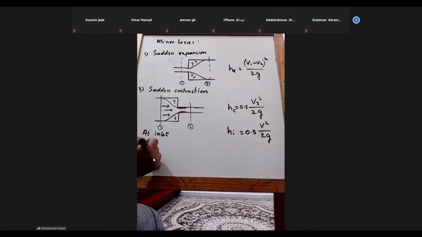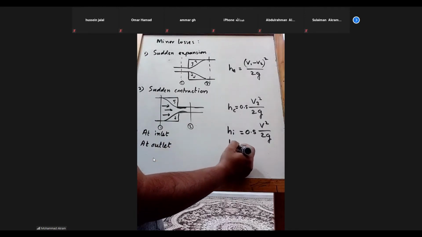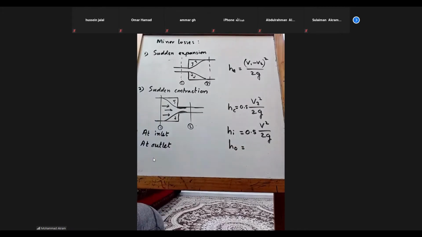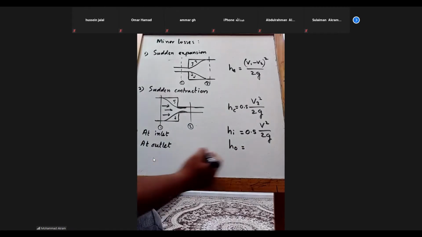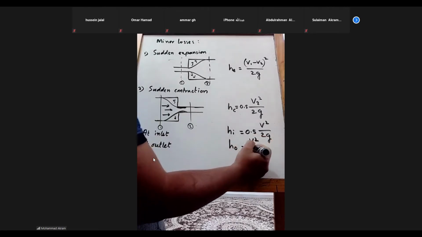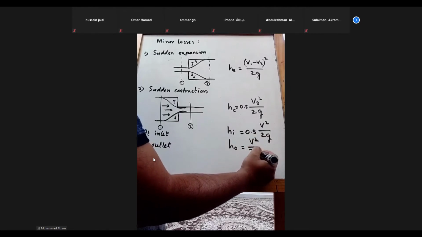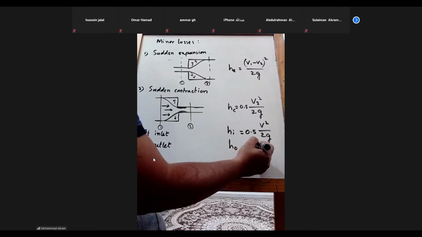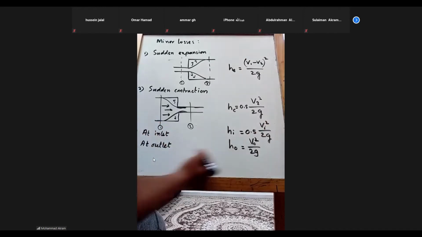At outlet, HO will be equal to V0 square divided by 2G. That is the outlet velocity. You can say this is the inlet velocity.